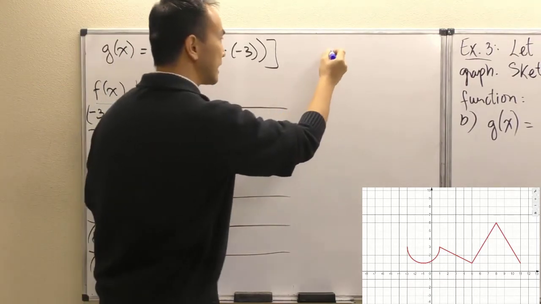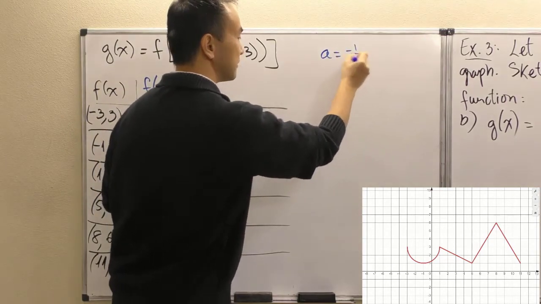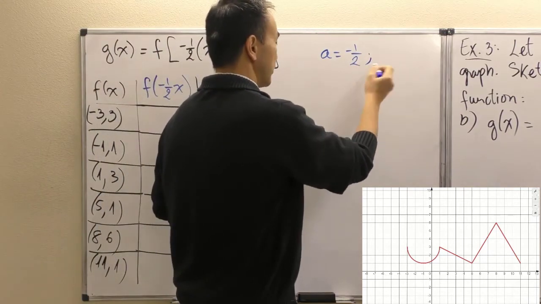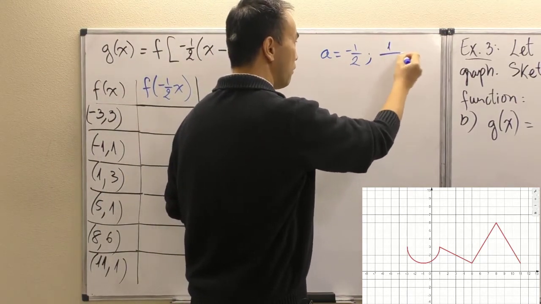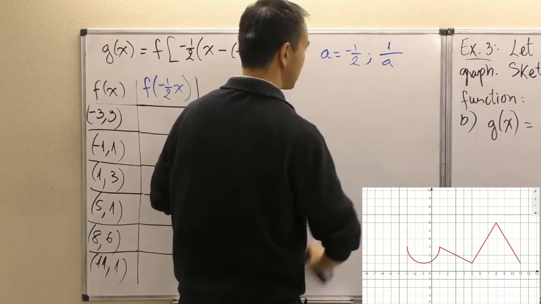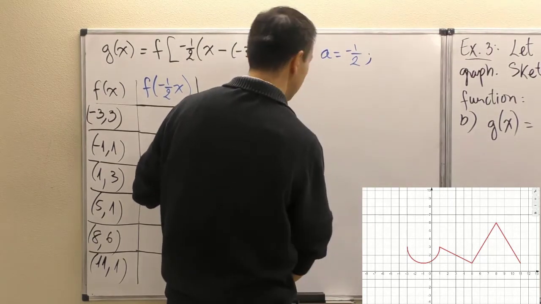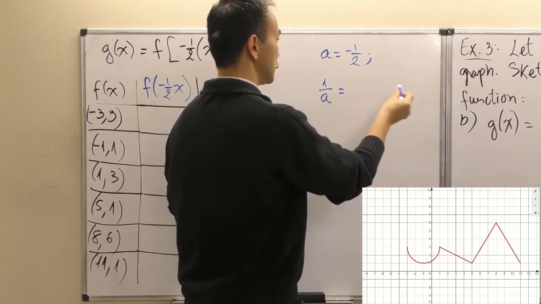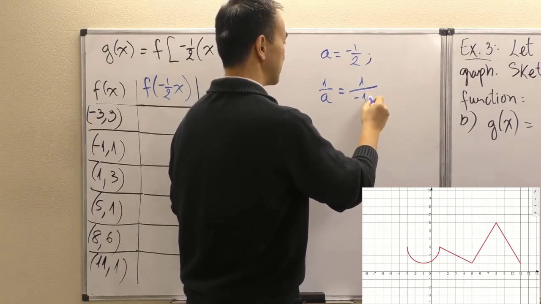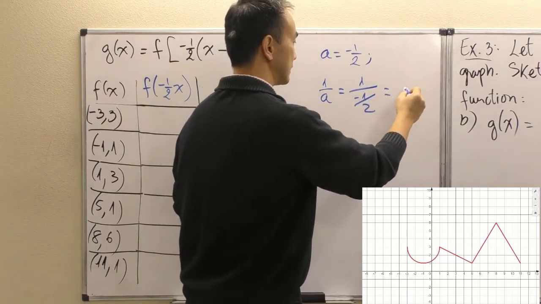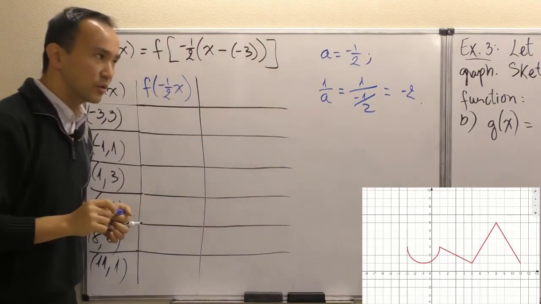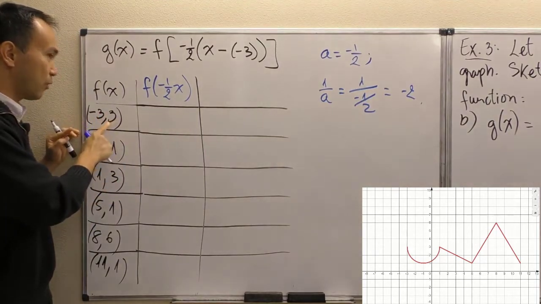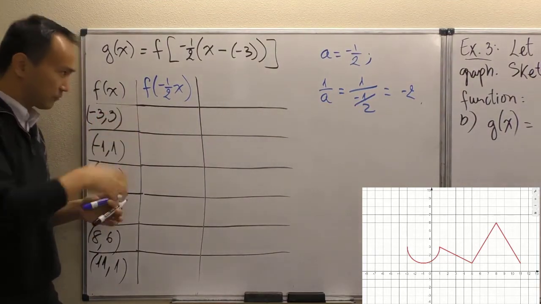I recognize that a is a negative 1/2, and as I already pointed out from the other board, eventually we're going to get to 1 over a. That means 1 over a will be 1 divided by negative 1/2. That is negative 2. So now I'm looking at my transform points.